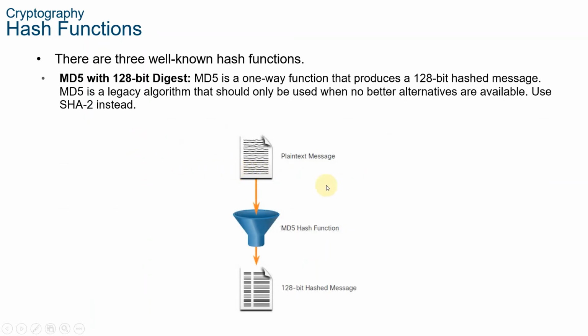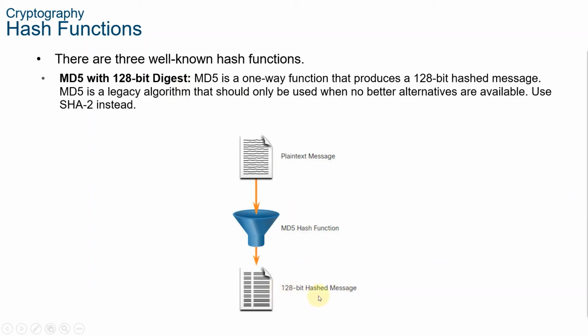Okay, now I have here an example. These are the three well-known hash functions. Let's start with the MD5 128-bit digest. MD5 is a one-way function that produces a 128-bit hash message, as shown in the figure.